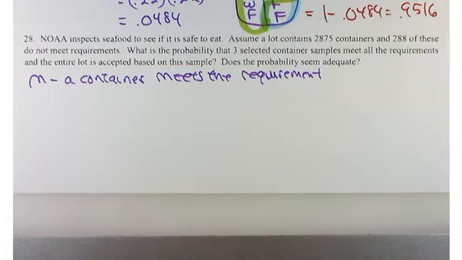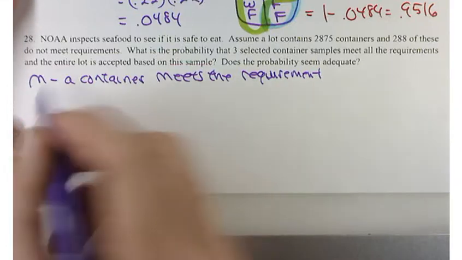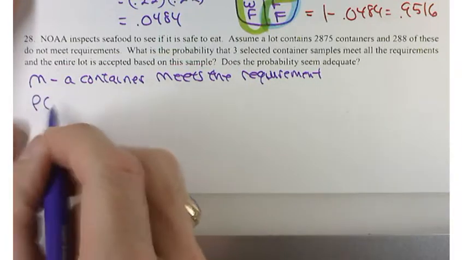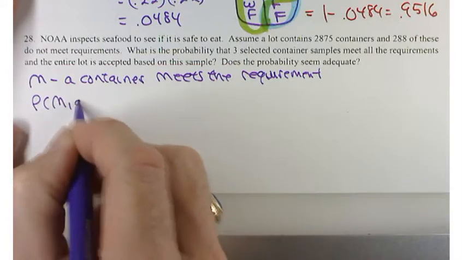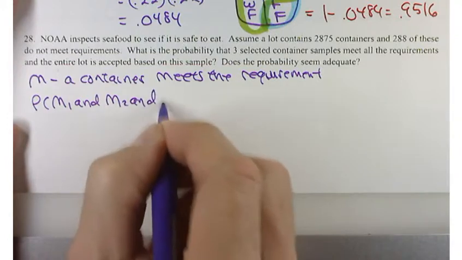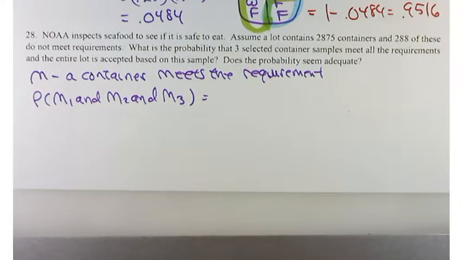They all have to pass, right? All of them have to pass in order for the lot to be accepted. So let's write it this way. Probability of being accepted would mean the probability that the first one meets the requirements, and the second one meets the requirements, and the third one meets the requirements. All three of these.